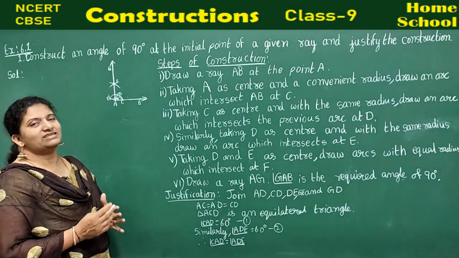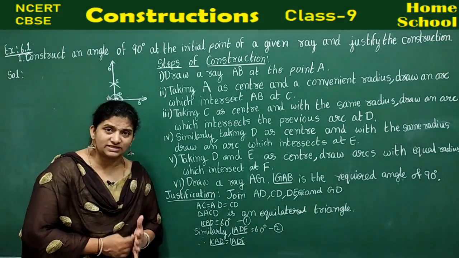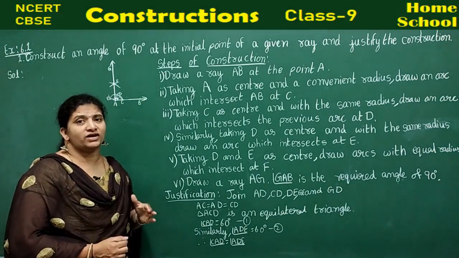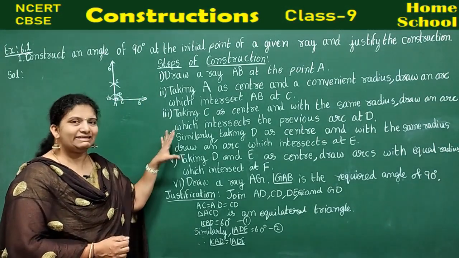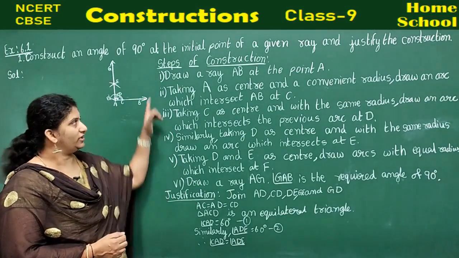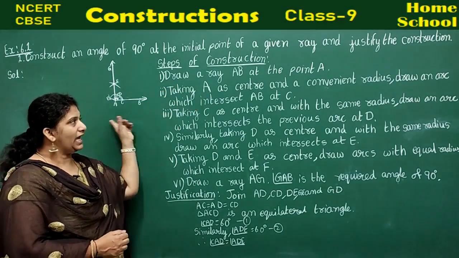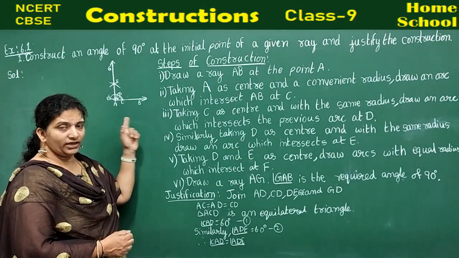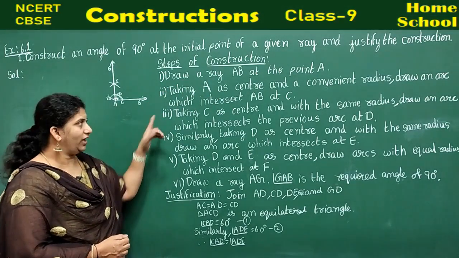If you want, you can have a look at your steps also; it will be in the same manner. You need to write steps for every construction. Let us read the steps, then do the original construction. Draw a ray AB. At the point A, I have drawn a ray.